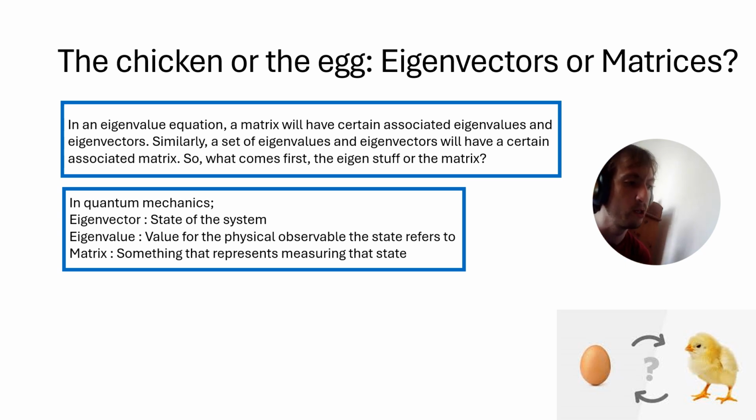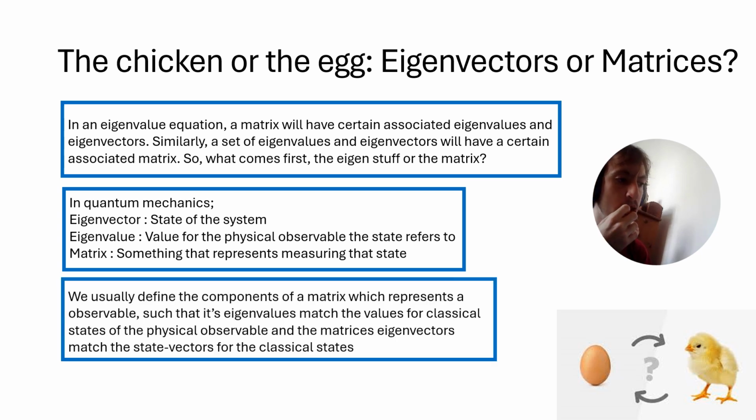And so usually, because a matrix is just a representation of a physical observable, it doesn't really make much sense to start with a matrix representation, because we wouldn't know how to represent a physical observable as a matrix most of the time, at least immediately.